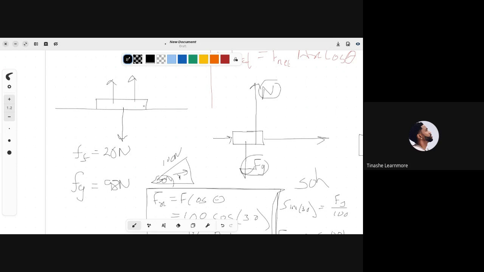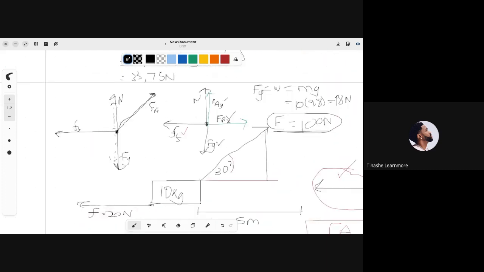But one thing we know about this box is that it's not going up and down, but rather going left and right. Because it's not going up and down, we can stipulate that the forces here are in equilibrium, and because they're in equilibrium, we can equate them to one another. So I can take the normal force plus that y component and equate them to Fg.